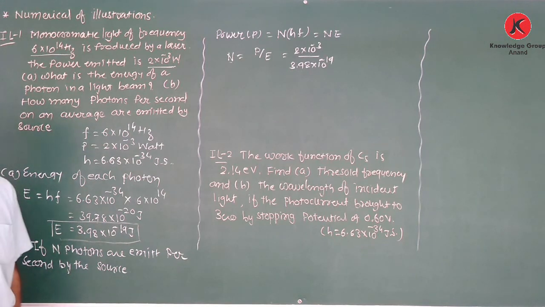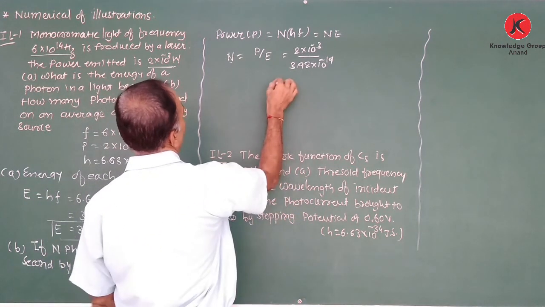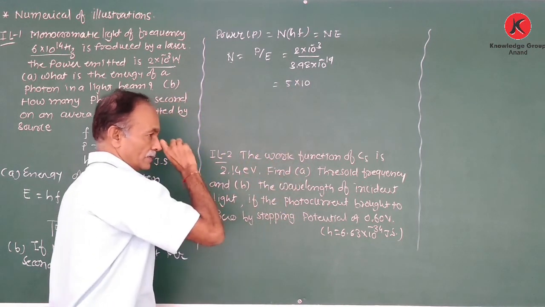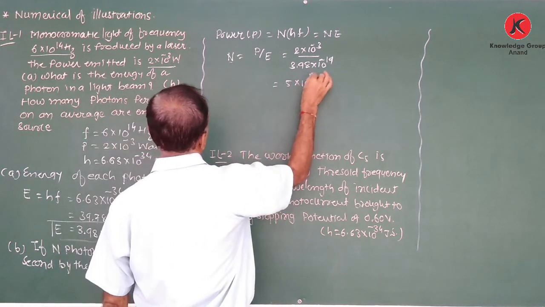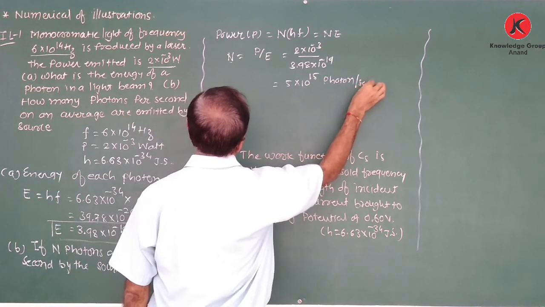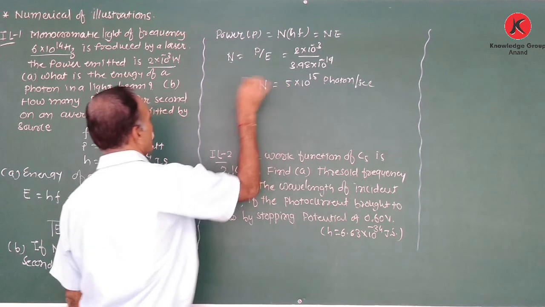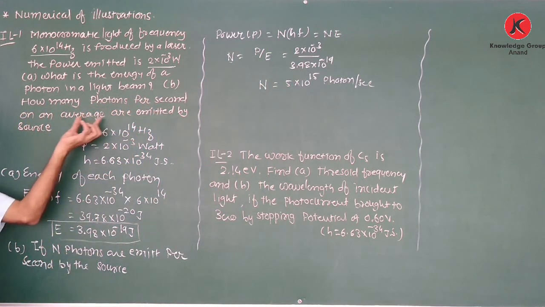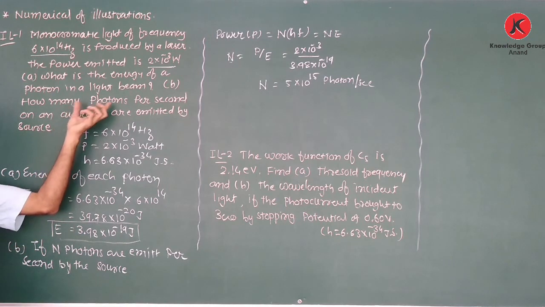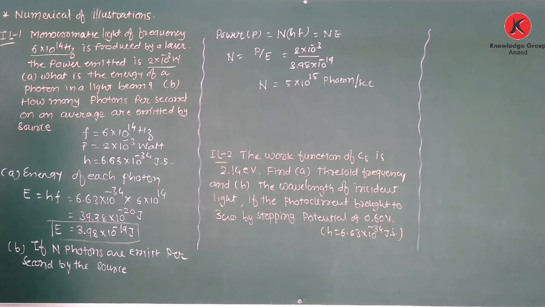Now calculate yourself. So we obtain 5 into 10 to the power 15 photons per second. This number of photons is emitted on an average per second by the source.